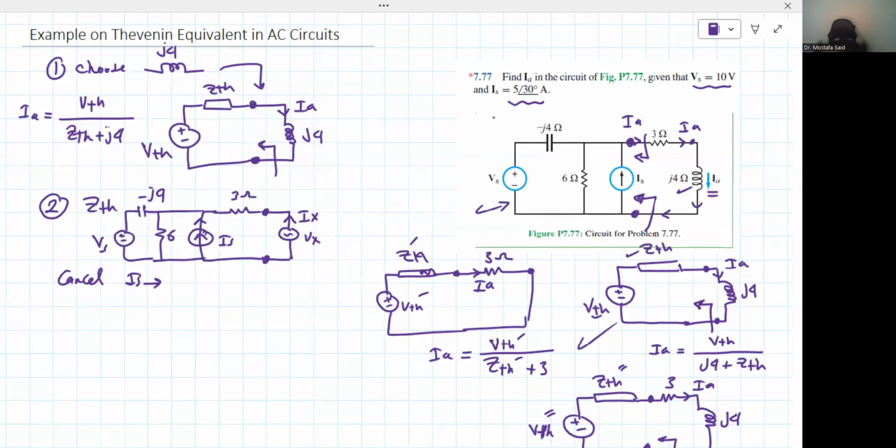So this branch here has a current equal to 5 angle 30. How do we cancel its effect? Cancel the current, right? Make the current zero. How do we make a current zero? Make an open circuit in the same branch of the current source.